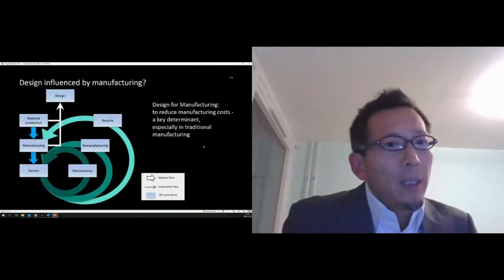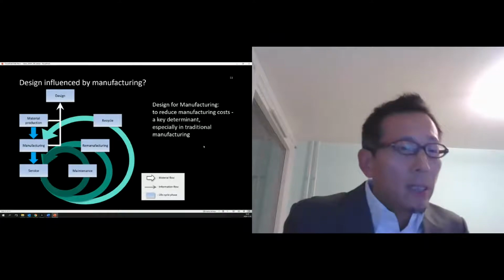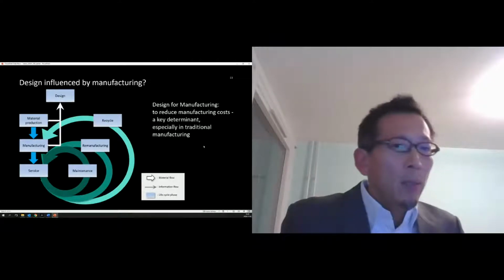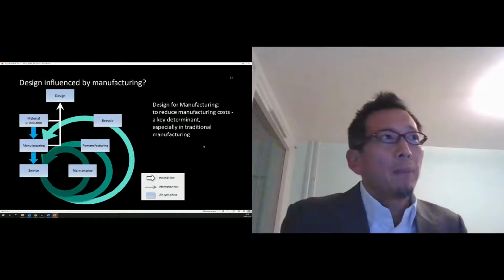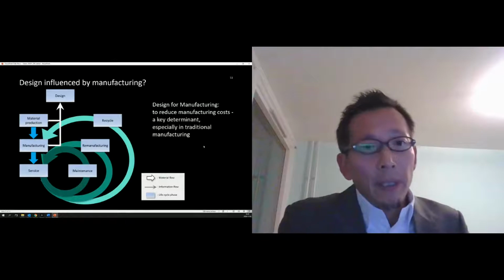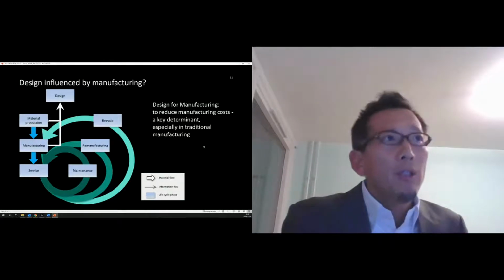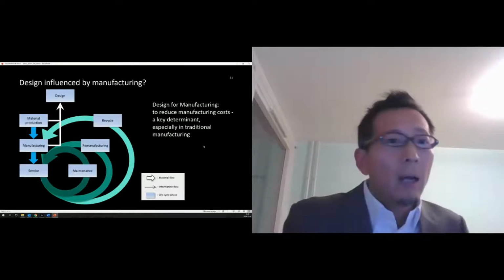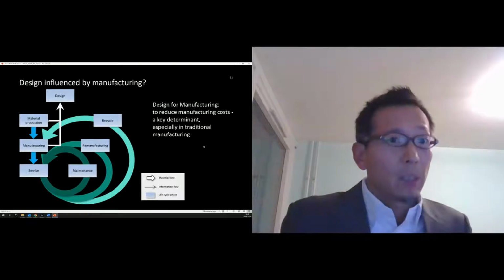So this information flow has been much researched in literature, as well as we could observe these flows in the 3 case companies. This makes sense because the aim of DFM is to reduce manufacturing costs that are borne by this OEM as such, these OEM as such.